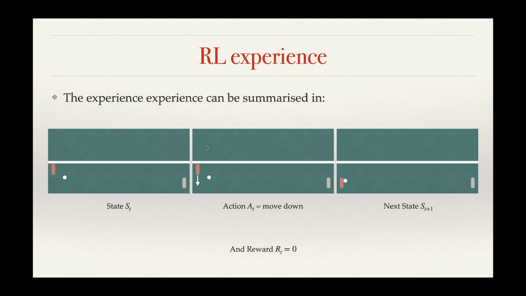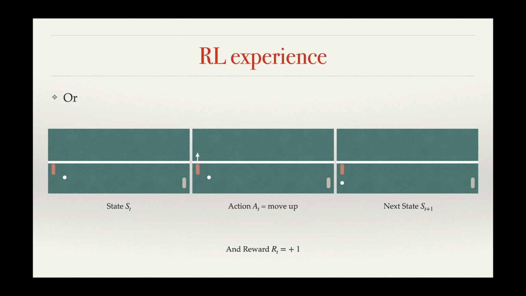But what you need to understand is that we need to have these 4 parameters in our experience at every moment or every second of the game. So we have the state, the action that is taken, the next state. And this is what we meant: when the agent makes an action, it changes the environment, because when it moves down, it changes the environment. And this is the next state and the reward.